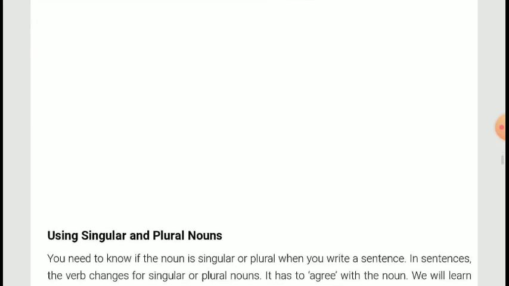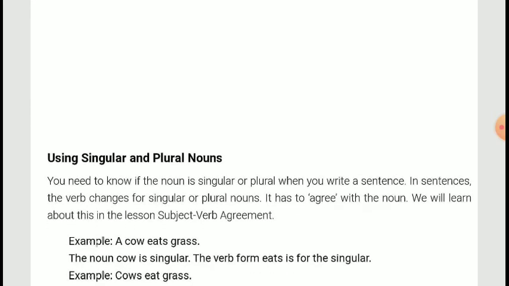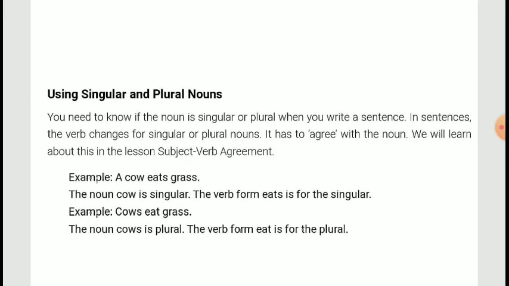Now, we'll be discussing the subject-verb agreement. Using singular and plural nouns in sentences, you need to know if the noun is singular or plural. When you write a sentence, the verb changes with a singular or plural noun. Now you have to remember that with a singular noun the verb will be different, and with plural nouns the verb would be different. It has to agree with the noun.